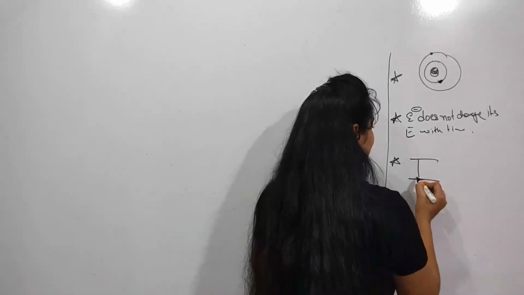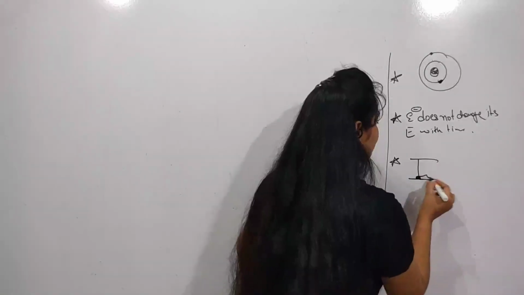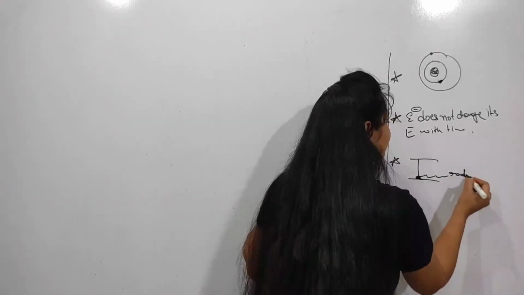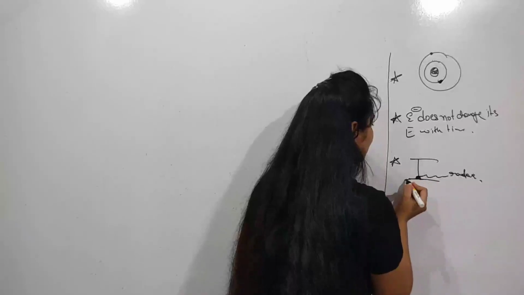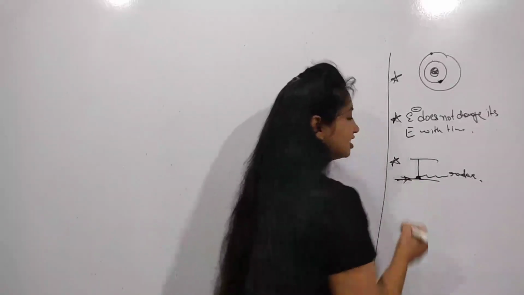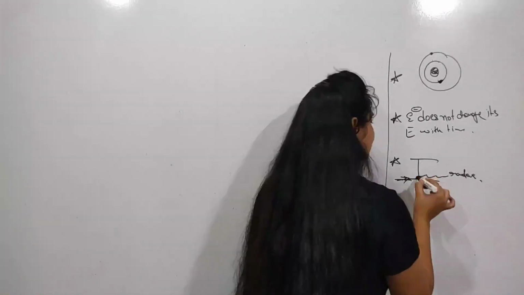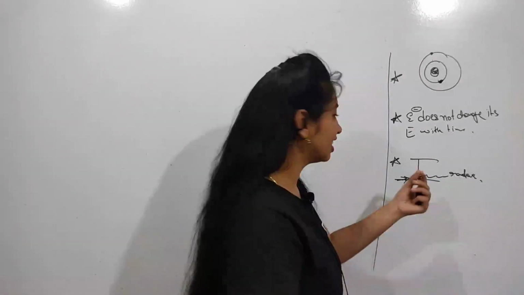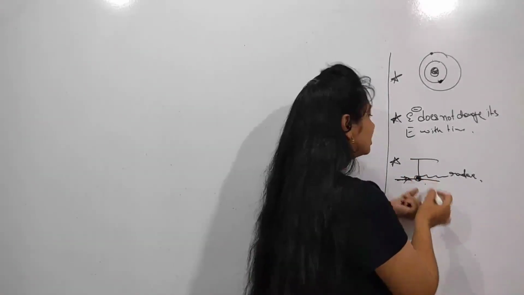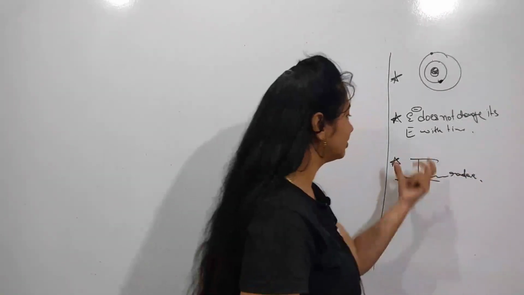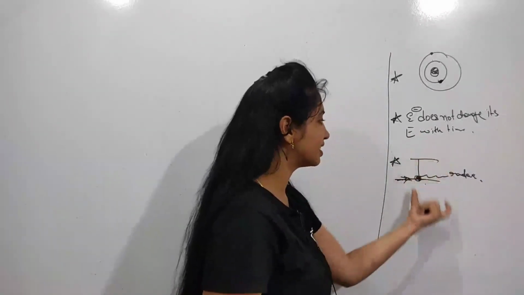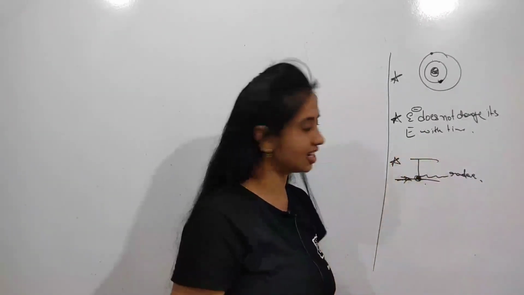It means when the electrons emit radiation or absorb radiation, they get excited and jump from a lower energy level to a higher energy level. Then the transition takes place between two energy levels.